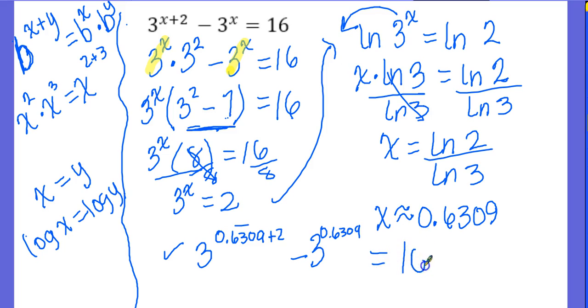Exactly 16. And I mean exactly 16. And so therefore, we can now say for sure that our solution is correct. We'll write it in solution set. Okay, do you have any questions?